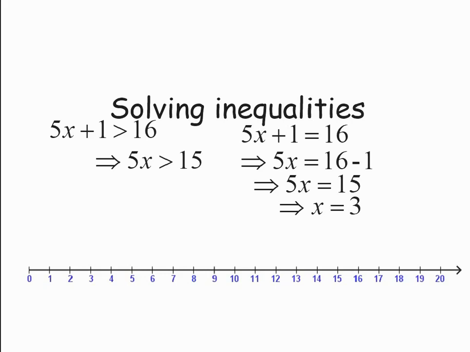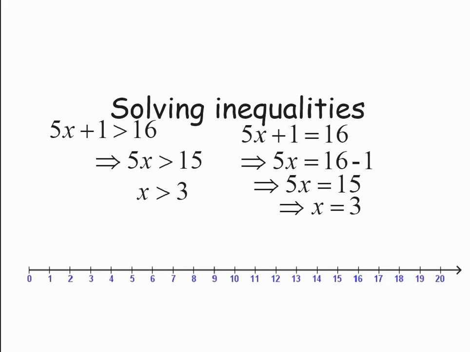In that case, it's giving me now 5x greater than 15. If I simplify further, meaning dividing both sides by 5, exactly what we did when solving the equation, we're going to get x is greater than 3, meaning that x is bigger than 3. All the possible values of x will be bigger than 3.